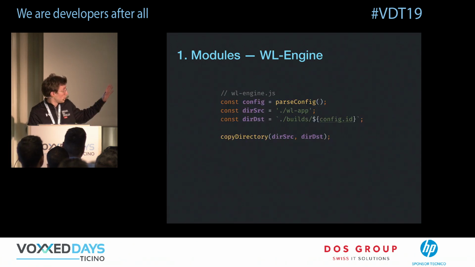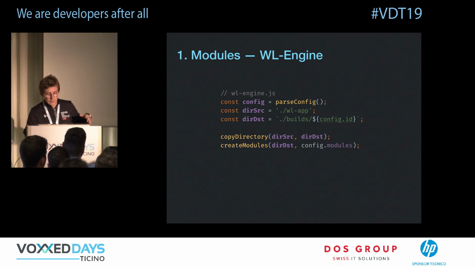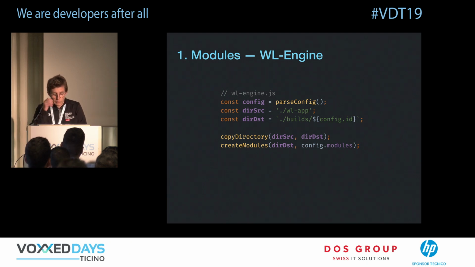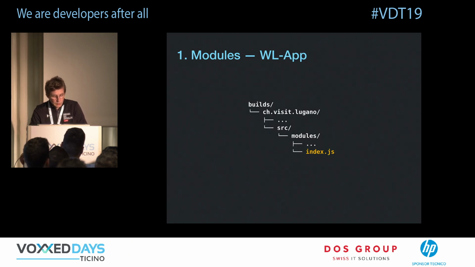So this was before. We add an extra step to our engine, and this step we call create modules. It will produce one file in the destination directory by using the modules taken from the configuration we read from arguments. And the file is gonna be created here.